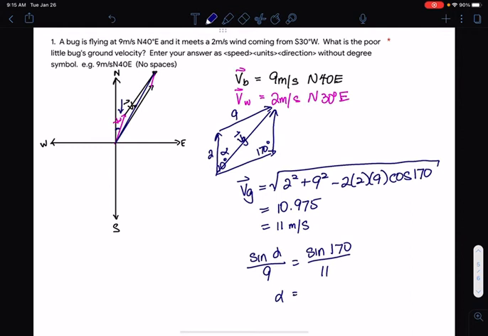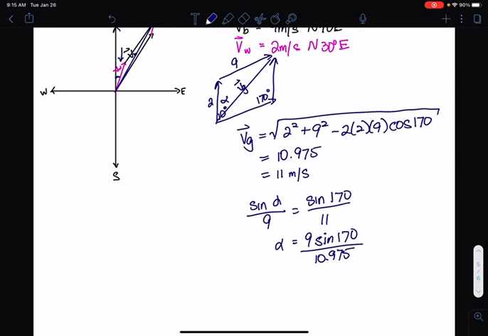So alpha is going to be 9 sine 170 over, and I'll probably use the 10.975. Oops, sine inverse of that. So get out my trusty calculator, sine inverse of 9 sine 170 divided by 10.975.